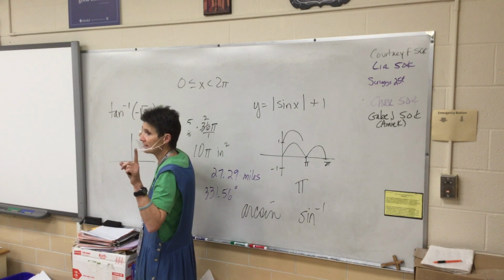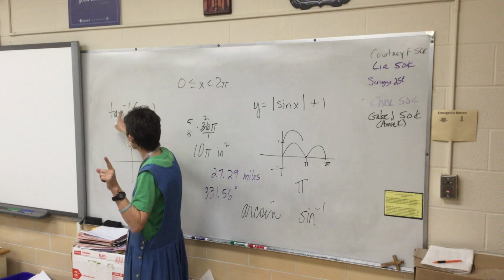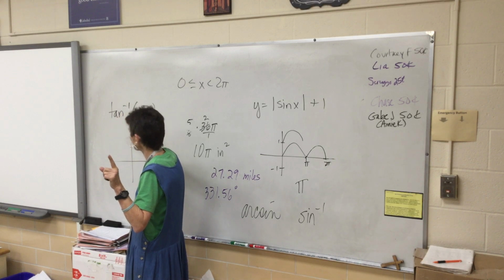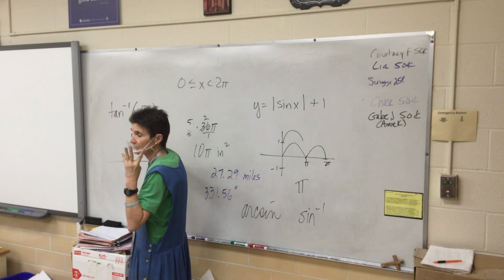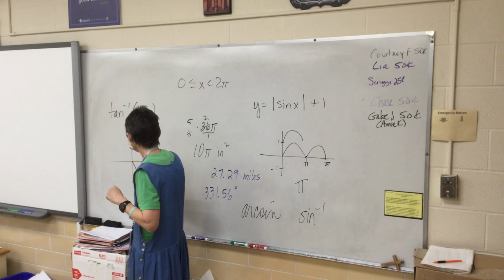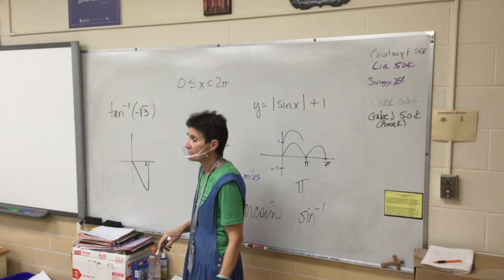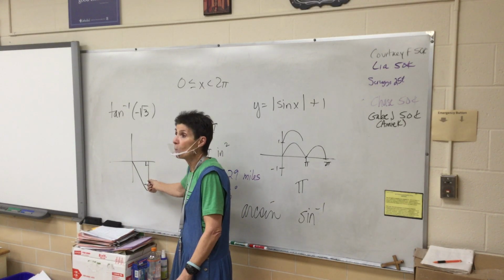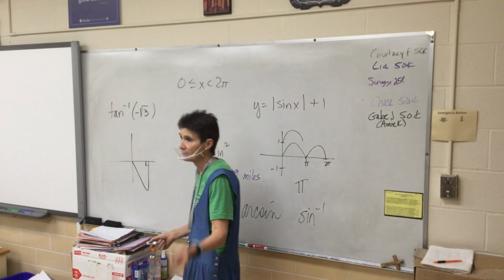If this is positive, the answer is in quadrant 1. But it's negative. What is the rule for an inverse tangent negative number? Quadrant 4. Remember, 3 of the inverse functions are negative in 4, and 3 of them are negative in 2. Go back and review those rules.